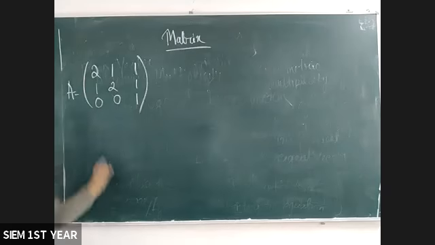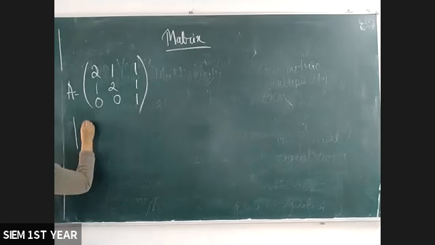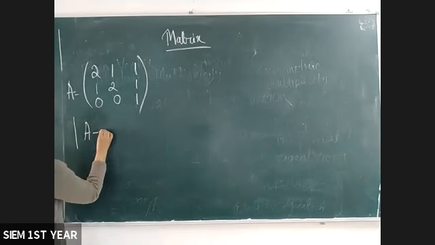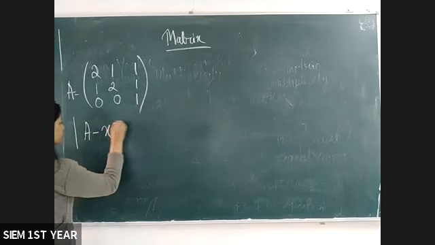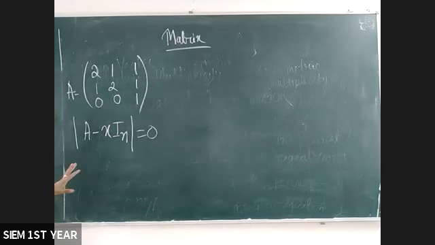First you have to solve A minus x I. A few minutes back, we considered this type of equation, A minus xI equal to 0, and I told you this is a characteristic equation.